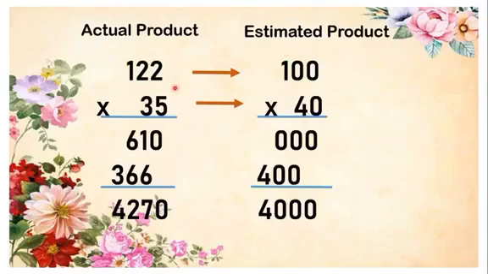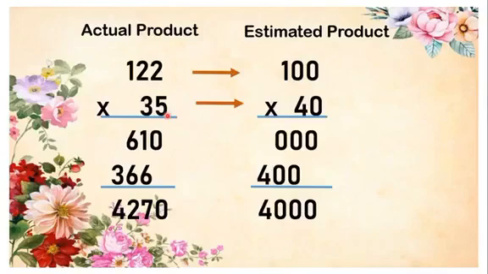The given here are 122 and 35. 122 is our multiplicand and 35 is our multiplier. The first step is to multiply 122 by 5. We will regroup when the product is 10 or greater.